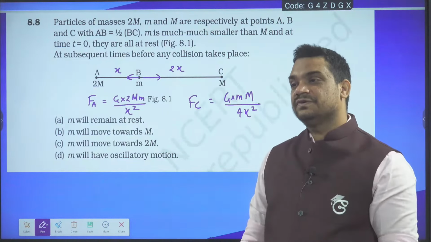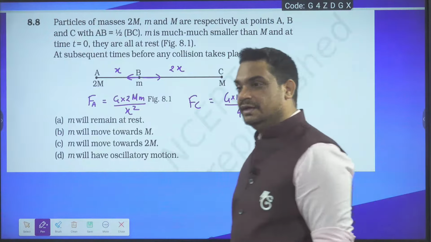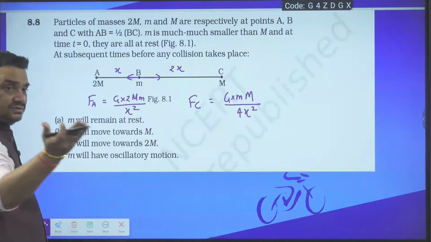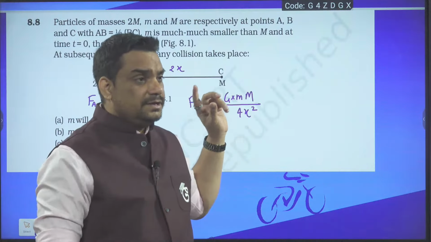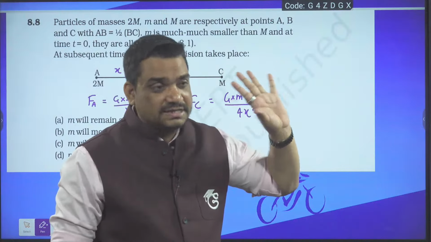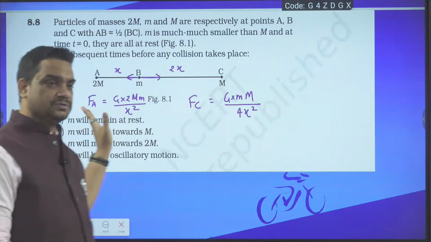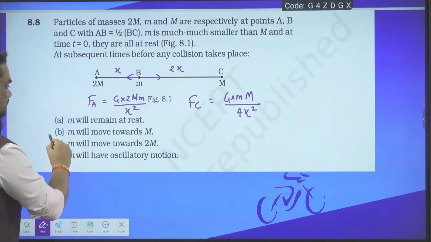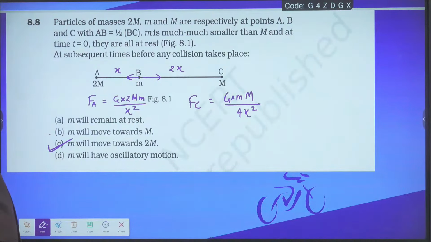And if force of A is more, then it will be moving towards which one? In this case, force of A is more, so it will be moving towards A. So we can say in this case, M will move towards A. A is basically your 2m. M will move towards 2m.